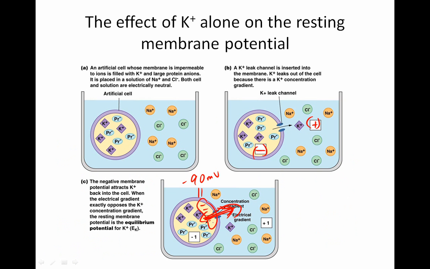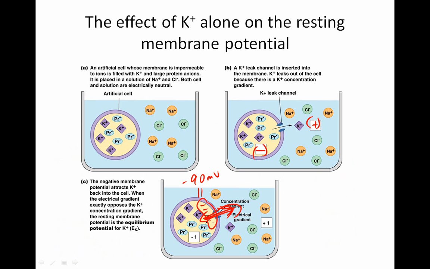And it won't waver. It'll stay at minus 90 because once it gets to minus 90, the number of potassiums leaving is equal to the number of potassiums coming back in. And then you could do the same thing for plus 60 millivolts, until the membrane potential equals plus 60.